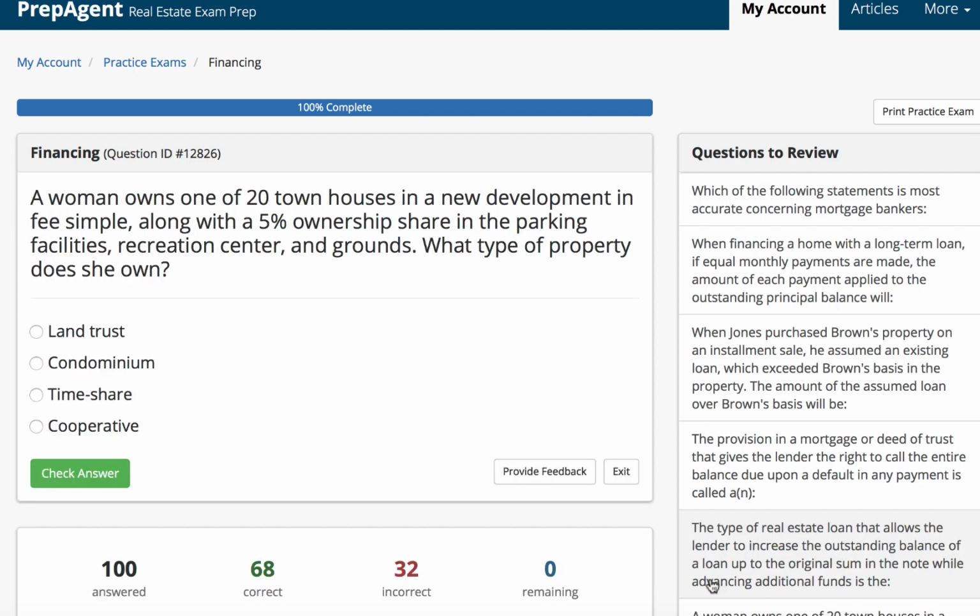A woman owns one of 20 townhouses in a new development in a fee simple, along with a 5% ownership share in the parking facilities, recreation center, and grounds. What type of property does she own? Well, I know it's condominium.